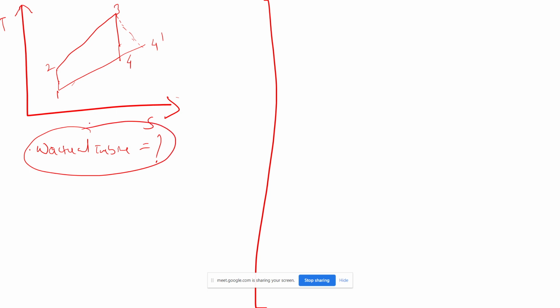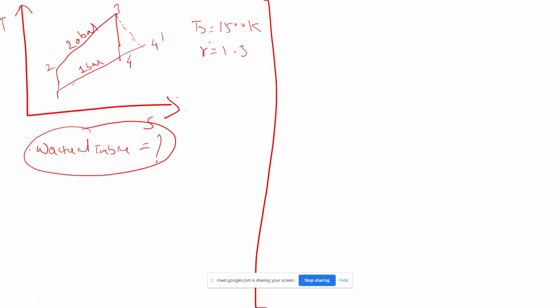Okay, so what is given in the question? It enters at a pressure of 20 bar and leaves the turbine at 1 bar. So it enters at point 3 and rejects at point 4 at a pressure of 1 bar. The temperature T3 is given as 1500 Kelvin, and the value of gamma is given, that is 1.3.